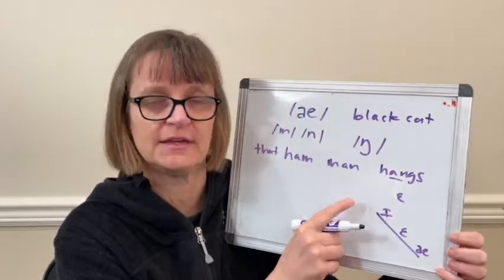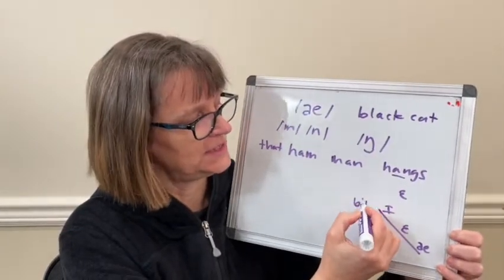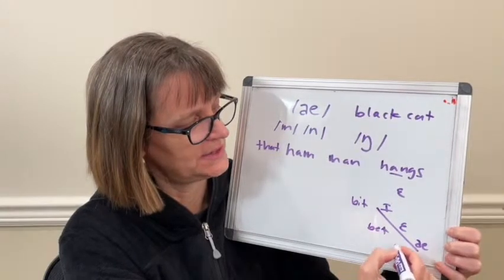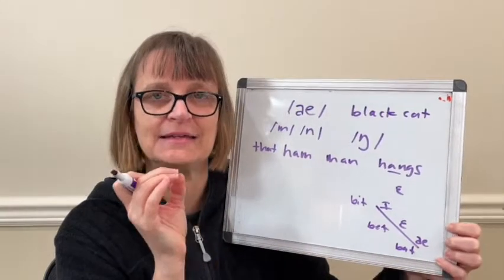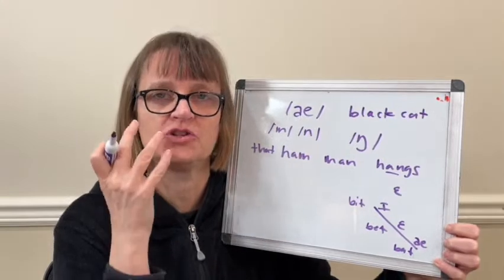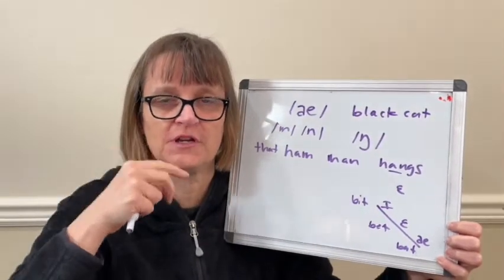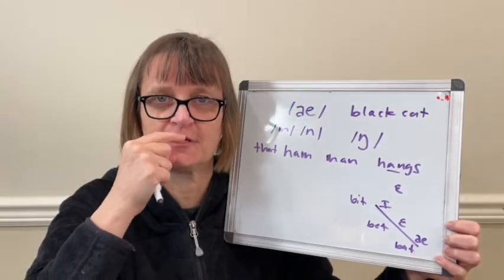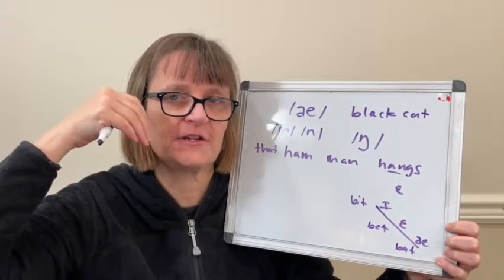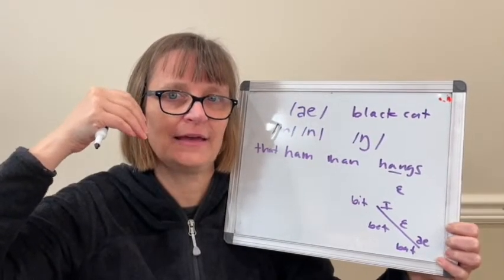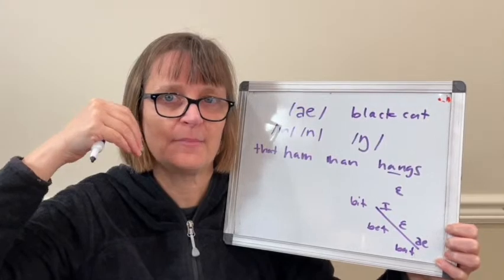I'm not moving more closed. So we have the vowel, again, if I had bit, bet, bat, I can feel the jaw is more open. The front of the tongue, there's more space between the tip of the tongue and the roof of the mouth, and the back of the tongue stays lifted. Bit, bet, bat.